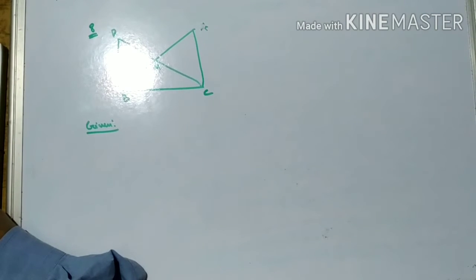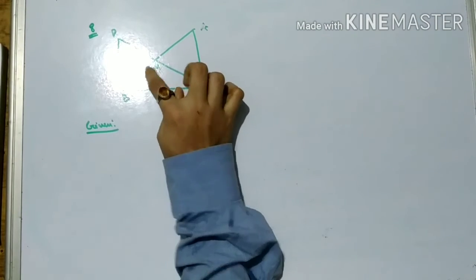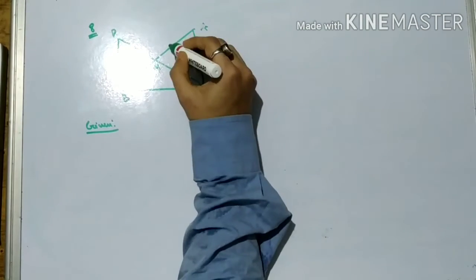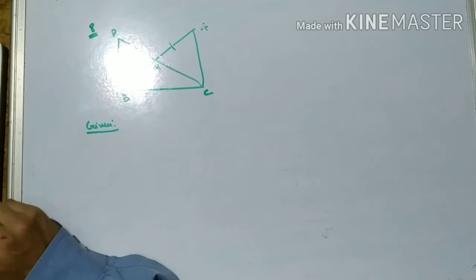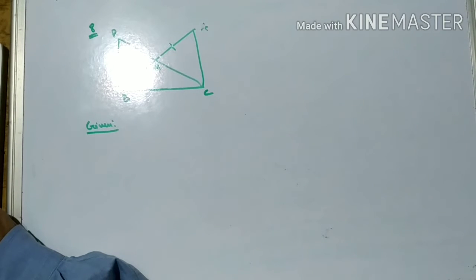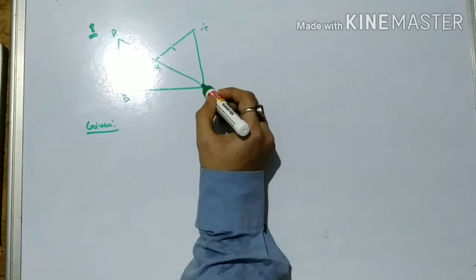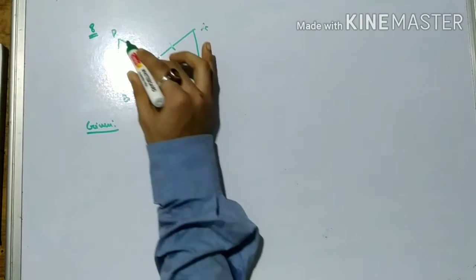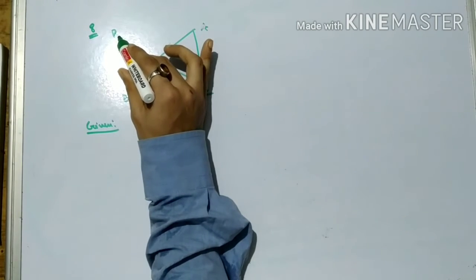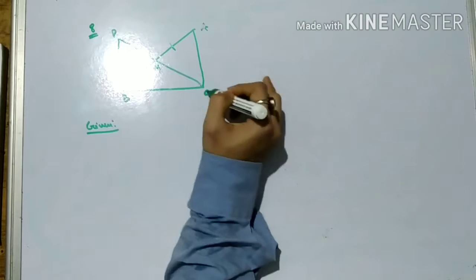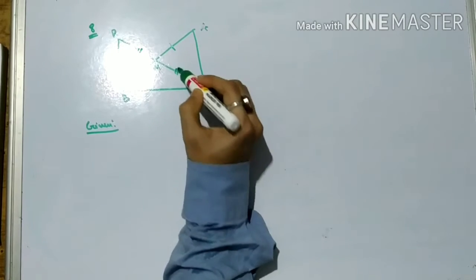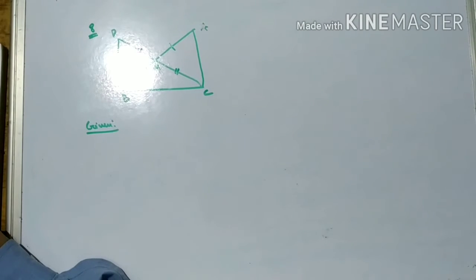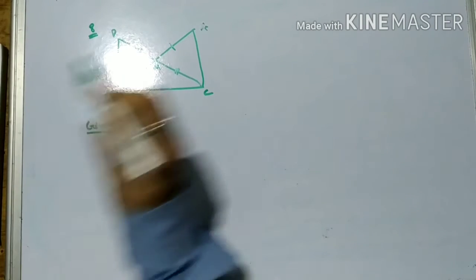M is the midpoint of hypotenuse AB, that means this is equal to this. C is joined to M and produced to D such that DM is equal to CM, given. Understand? Point D is joined to B.